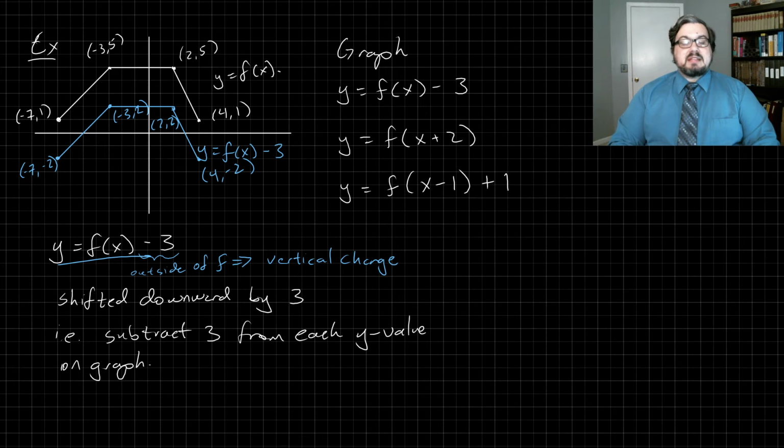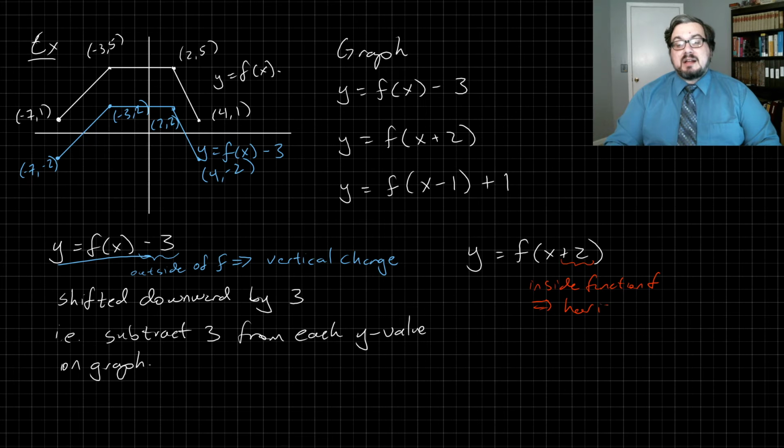Now we can do the same thing with each of the other ones. If we want to get the graph of y equals f of x plus 2, we look at it and say that, okay, well, this plus 2 is happening inside the function f, which means that this is a horizontal change to the graph. And because it's being added, it's a shift, it's a translation.